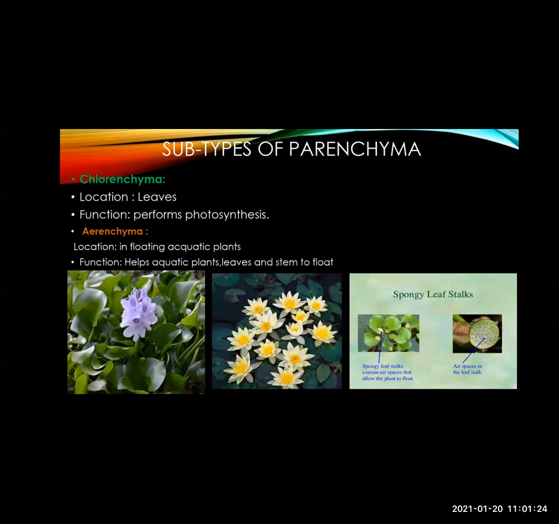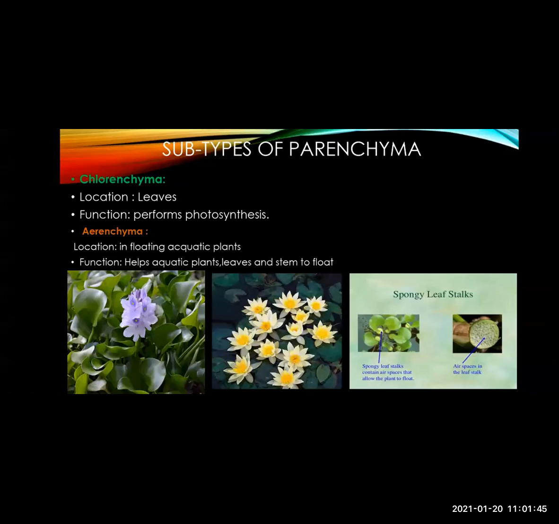So in parenchyma, we have studied two subtypes. One is chlorenchyma, basically in all leaves and even the green stem. The parenchyma cells are rich in chlorophyll content and they are known as chlorenchyma.